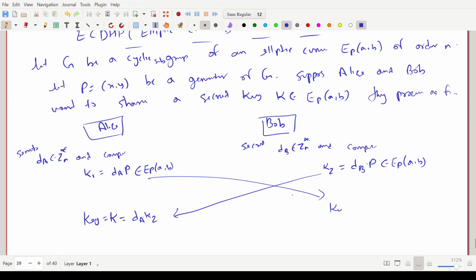Here Bob does K is DB multiplied with K1. So what is the key? DA DB P. The key is the same, so they got the same key. This is the elliptic curve Diffie-Hellman protocol.